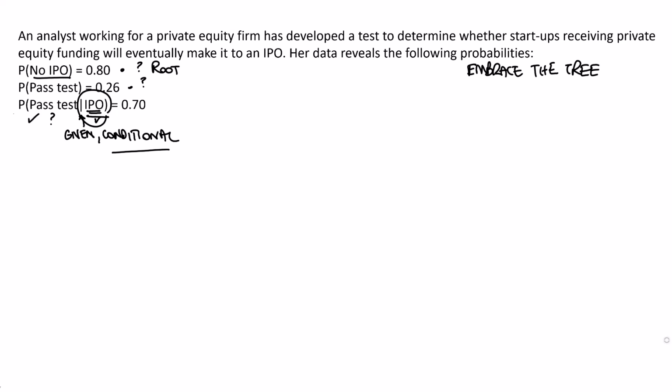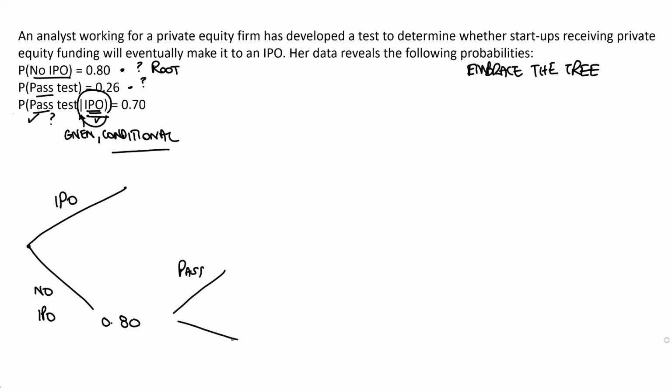Then I can use these conditional probabilities as the branches. So here we go. I'm going to start with no IPO. That's given as 0.8. IPO will be up there. Then the branches will be pass or fail. So we'll have pass or fail, and pass or fail.